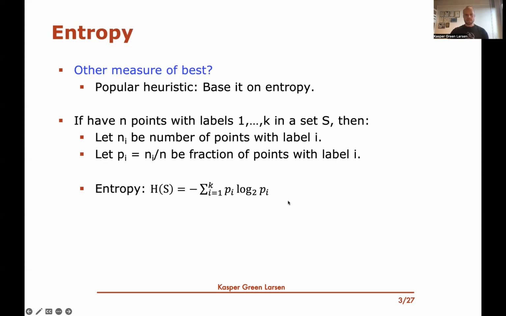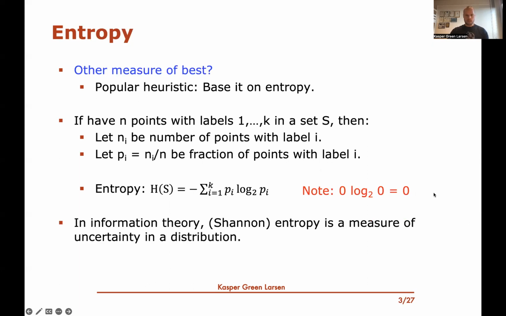This is the entropy function, the binary entropy function when the base here is 2. Let's try to motivate it a little bit. Why would this be an interesting function to look at? Maybe just a special case to notice is that if p_i is 0, we define 0 log 0 to be 0.